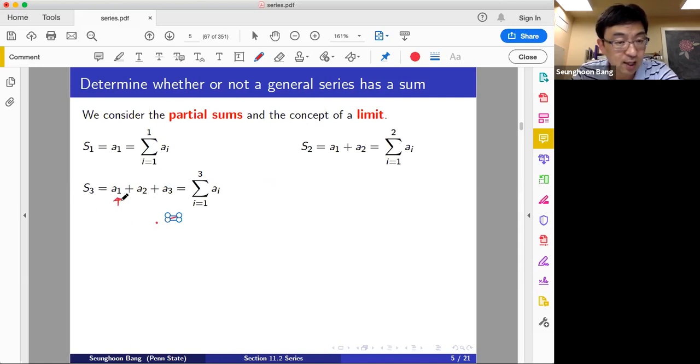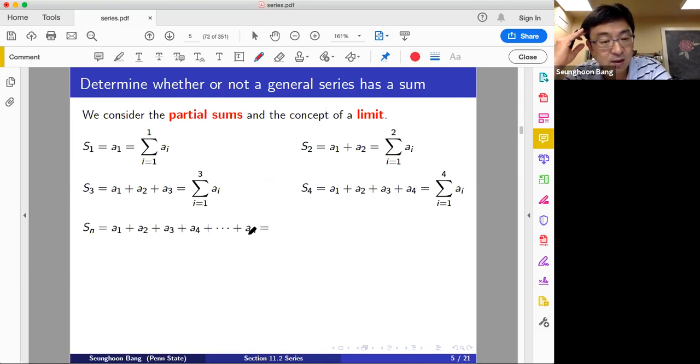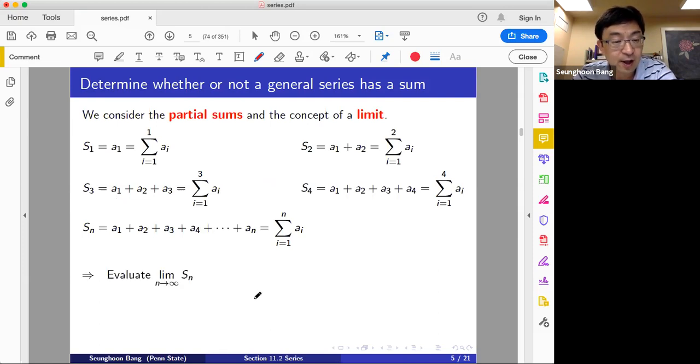The starting index is 1, the terminal index is 3. S4 is A1 plus A2 plus A3 plus A4, the summation from i equals 1 to 4. What is Sn? A1 plus A2 until An, the summation from i equals 1 to n of a_i. Next, evaluate the limit of Sn.